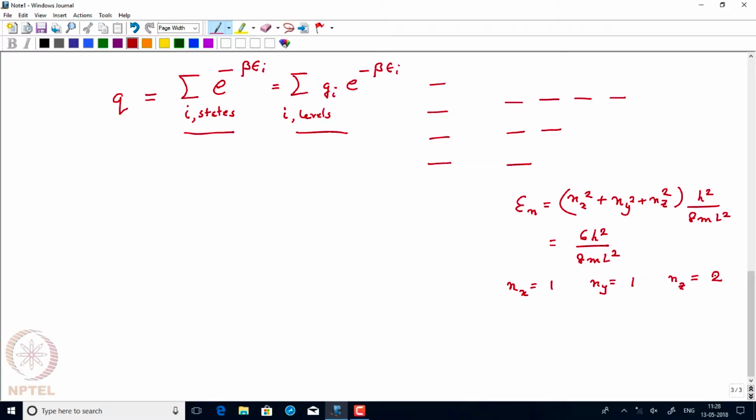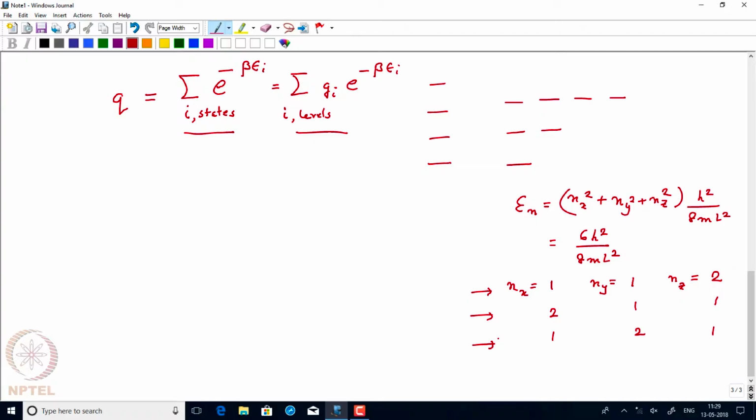That satisfies this energy level, because 1 squared plus 1 squared plus 2 squared is 6. I could have chosen n_x to be 2, n_y to be 1, n_z to be 1, or n_x to be 1, n_y to be 2, n_z to be 1.